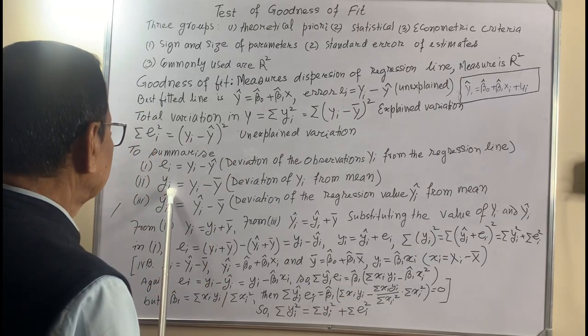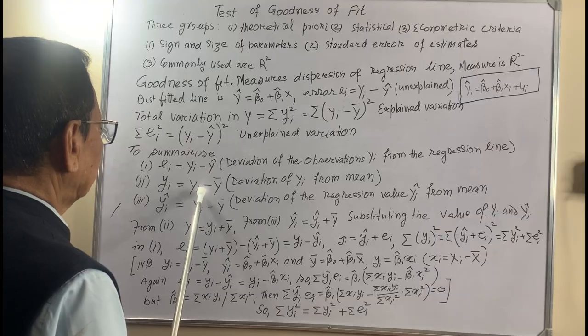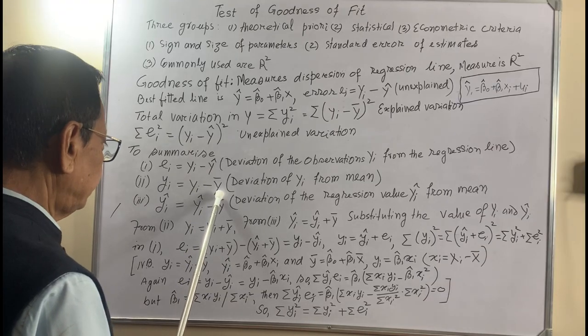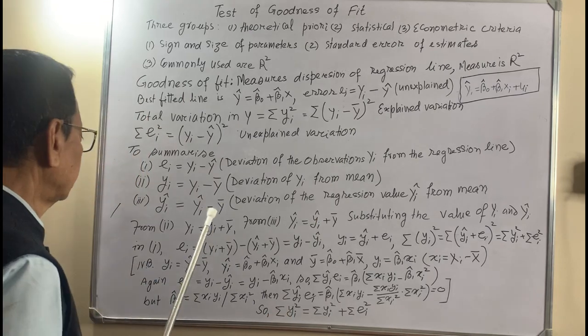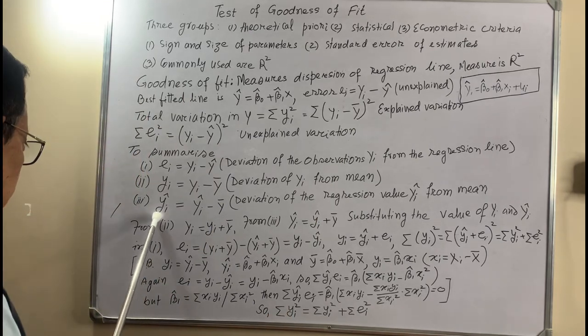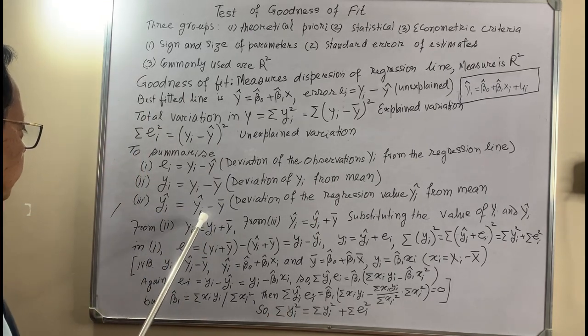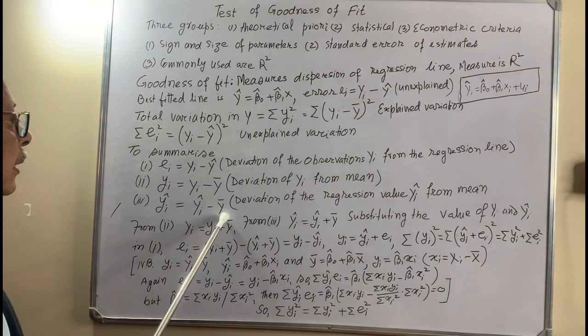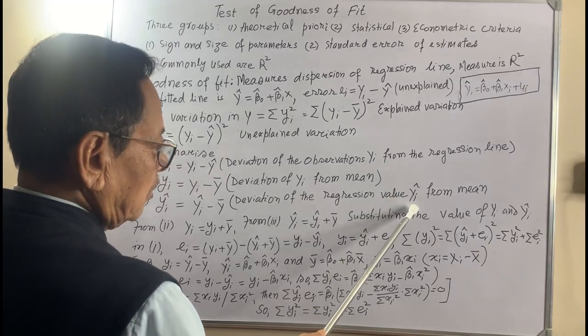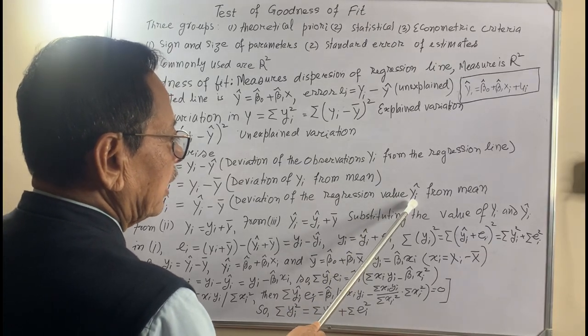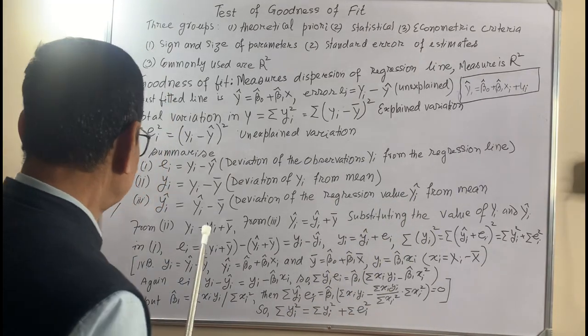Then small y_i is equal to capital Y_i minus Y bar, the deviation of Y_i from the mean. And small estimated y_i is equal to estimated Y_i minus Y bar, the deviation of the regression value, estimated Y, from the mean.